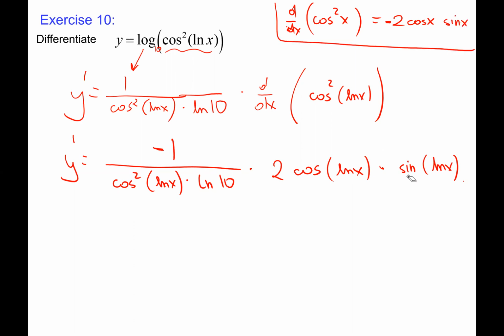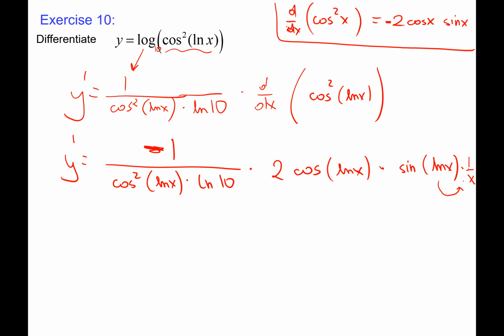But we do have another, the most inner function, which is an angle, natural log, and we still have to follow the chain rule. Derivative of ln of x is 1 over x. So cosine squared of ln of x gives 2 times cosine of ln of x times negative sine of ln of x, times the derivative of that angle.